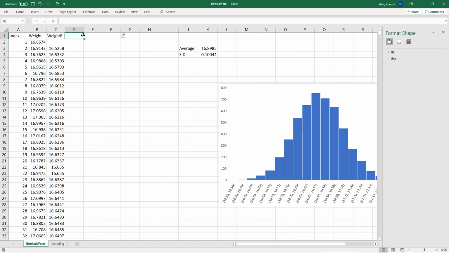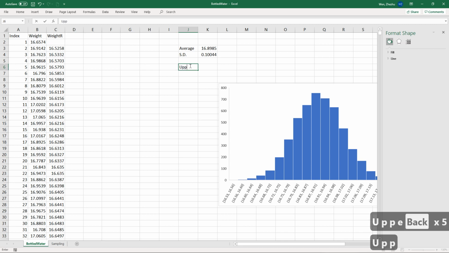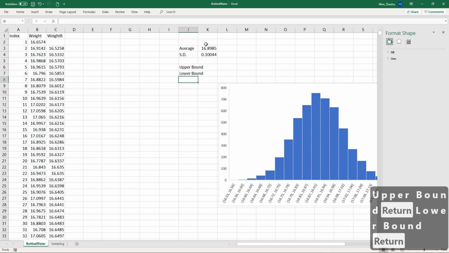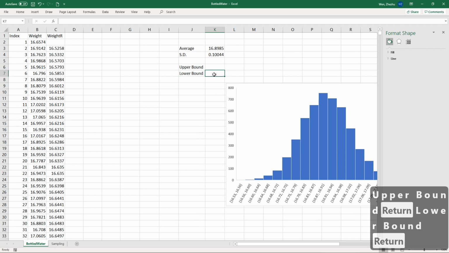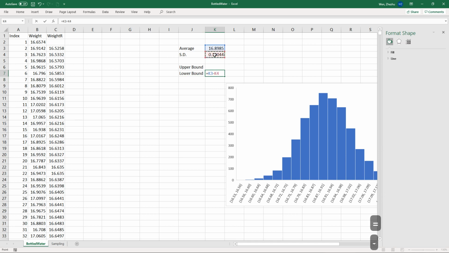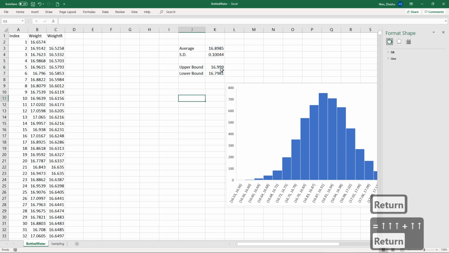Okay, let me move on here. Upper bound, lower bound. For the lower bound, it's going to be average minus standard deviation. For the upper bound, it's going to be average plus standard deviation. So you see we have upper and lower bound.